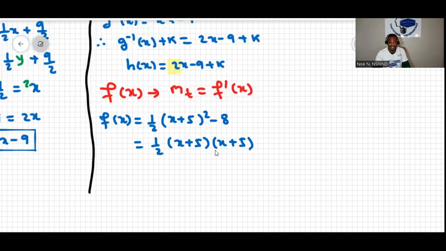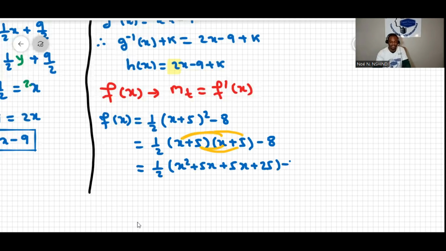Please don't do x squared plus 25, because it's not exactly the same thing. Minus 8, and then this will be a half. We will do 5 times x and x times 5, and then 5 times 5, and this will make x squared plus 5x plus 5x plus 25, minus 8.